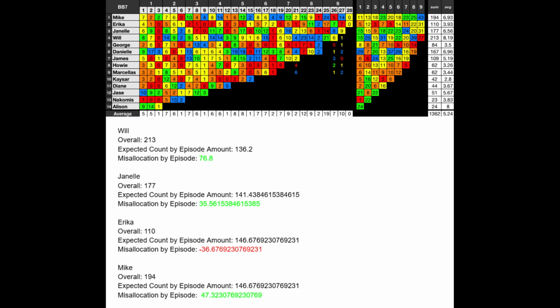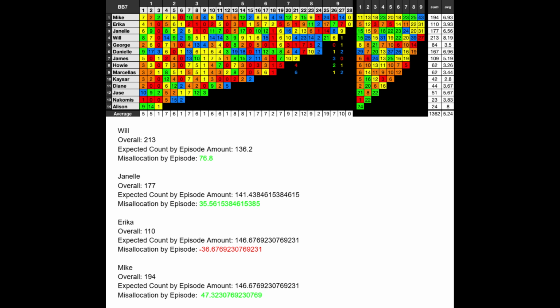Janelle has an overall diary room count of 177, where her expected count by episode amount is 141.43, causing her misallocation by episode to be 35.56. Erica has an overall diary room count of 110.